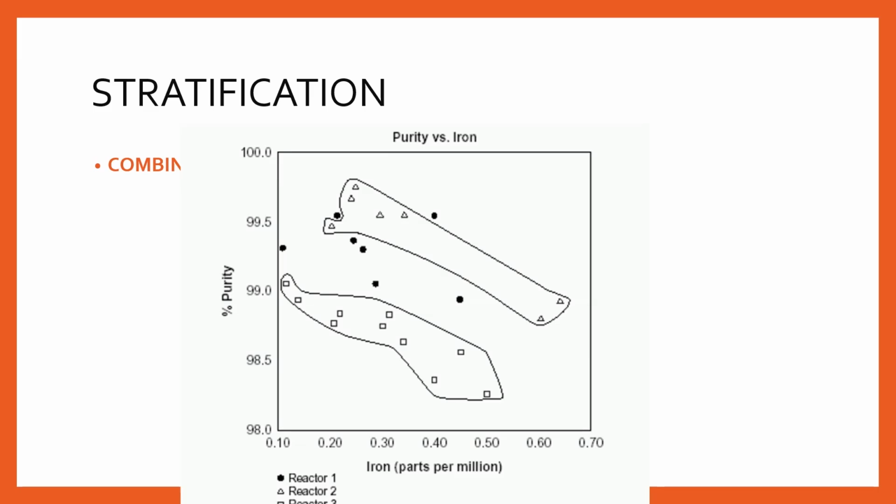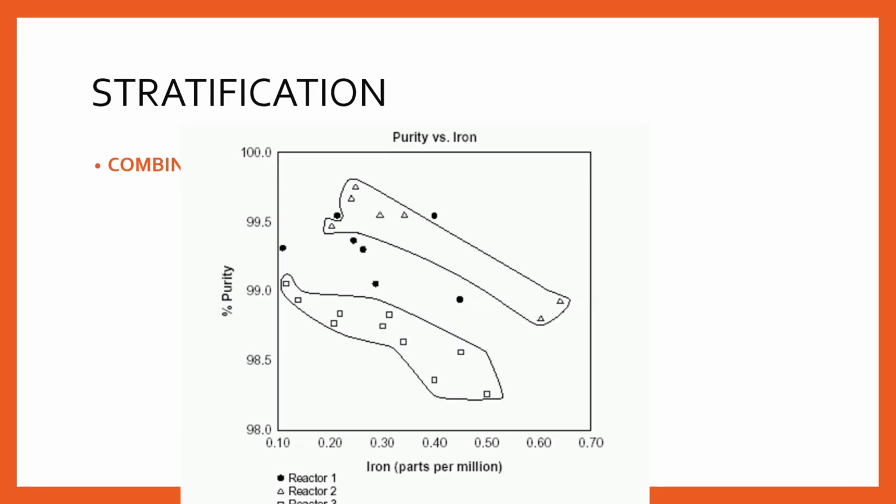Now in this, it is seen that for one of the reactors, the purity level, how it is. The data says reactor 1, reactor 2 and reactor 3, and how the data can be stratified. Is there any real trend or not? One trend is found in this.